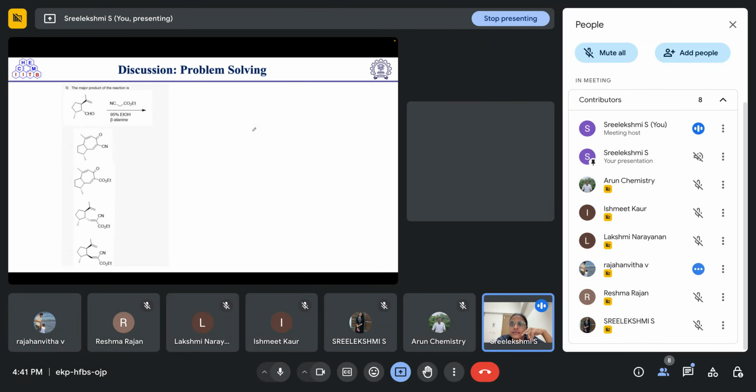Now the next question is this one, major product of this reaction. So one aldehyde is here and this nitrile, this ester is also there.